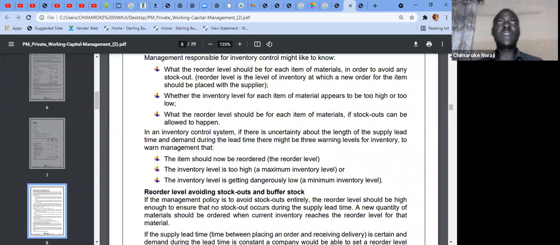So we want to avoid too high and too low inventory, because if it is too low, you might go into stockout. If it is too high, you might be investing too much and stock costs money.